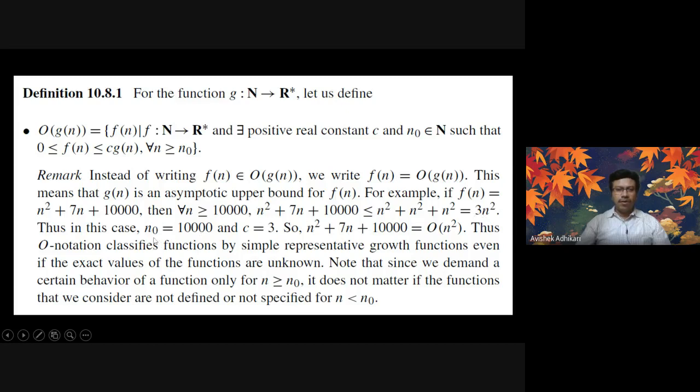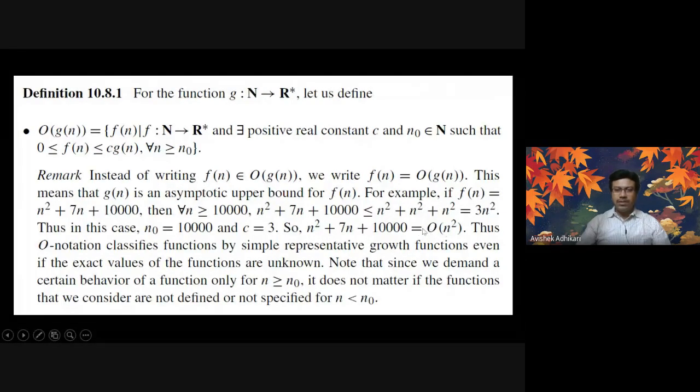If you consider c to be 3, then you can understand that n square plus 7n plus 10,000 is nothing but order of n square, because your g(n) is 3 times n square, and if I consider n0 to be more than 10,000, then that value is less than or equal to 3 times n square. That is why this is bounded by n square. So you can understand that this function equals order of n squared.